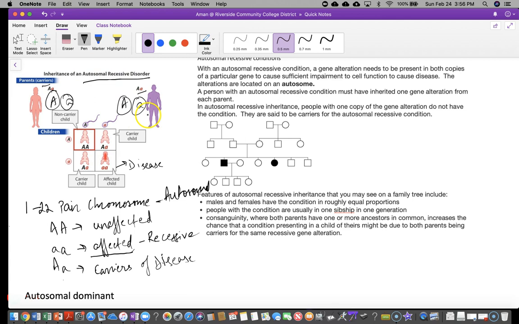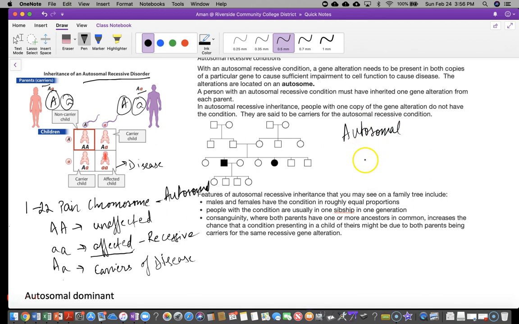Okay, now if we look at the pedigree analysis, this is one example which is trying to show us an autosomal recessive disorder. What can we notice here? There's something special about autosomal diseases.